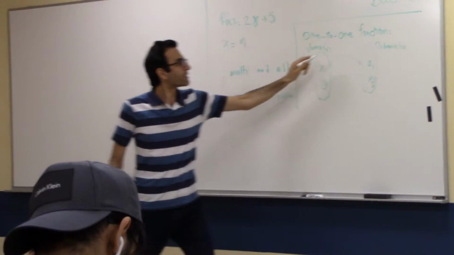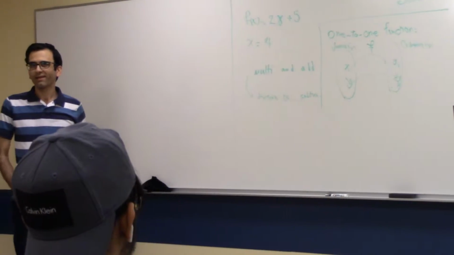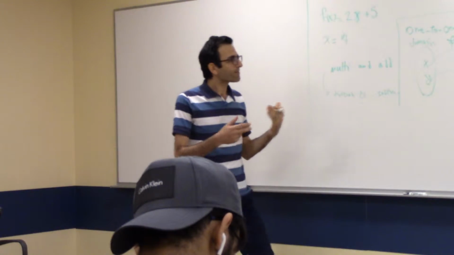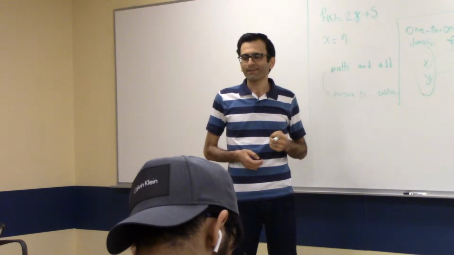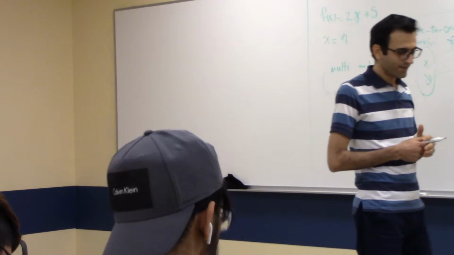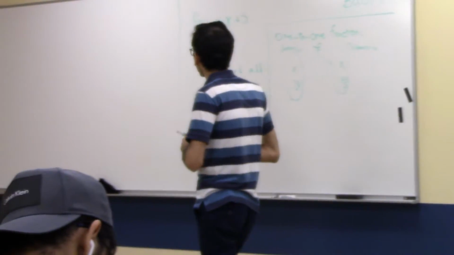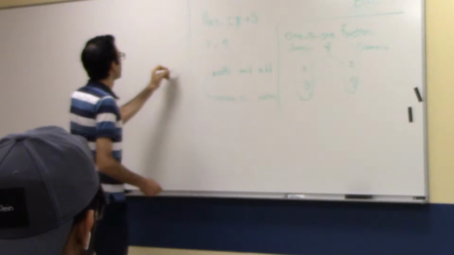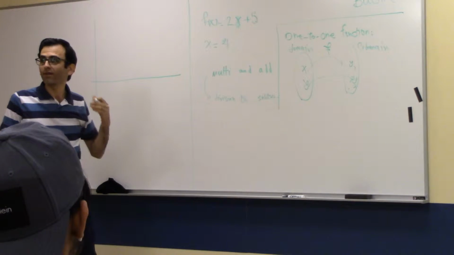This function is a one-to-one function. But there is a very simple criterion to determine whether a function is one-to-one, and it's called the horizontal line test.